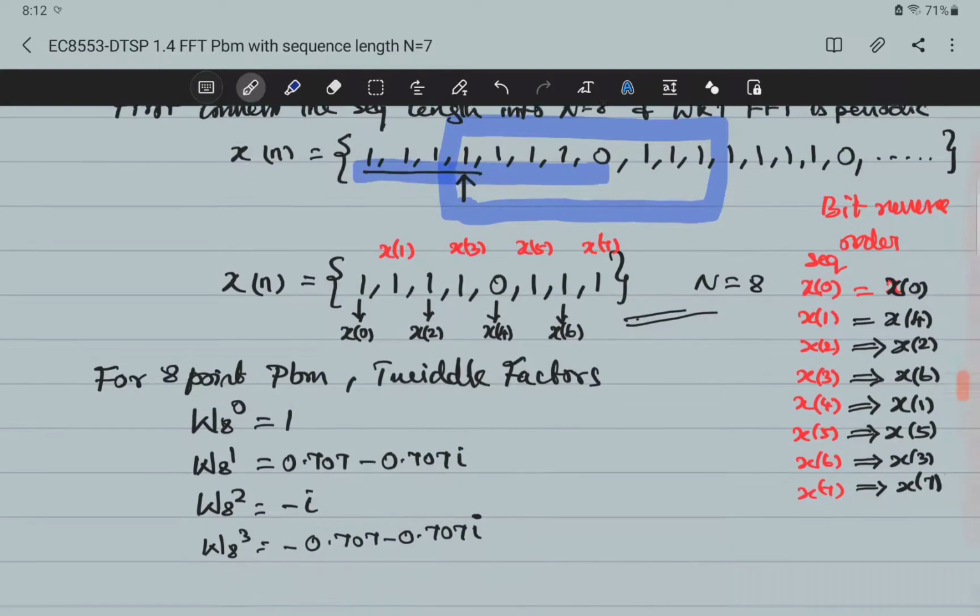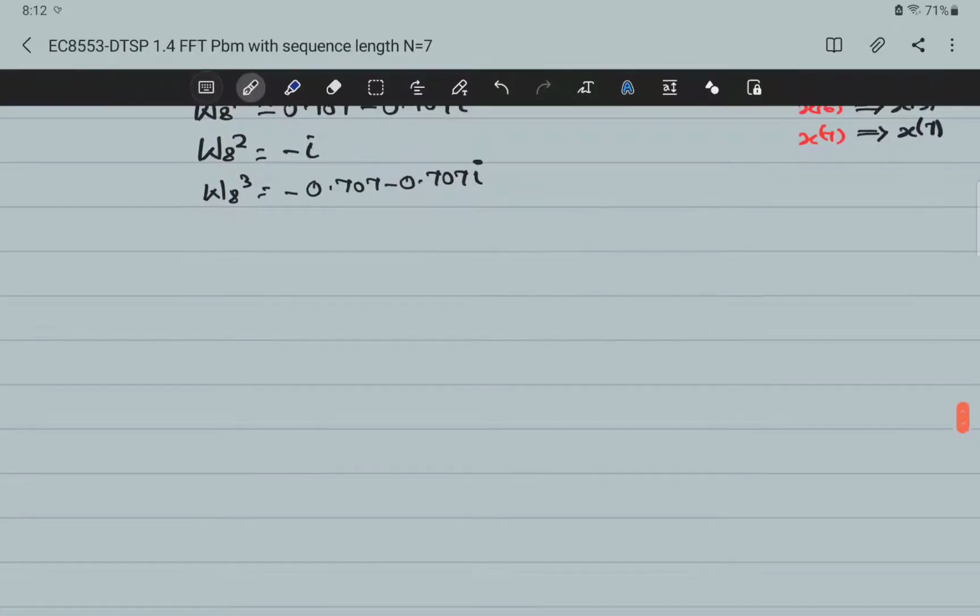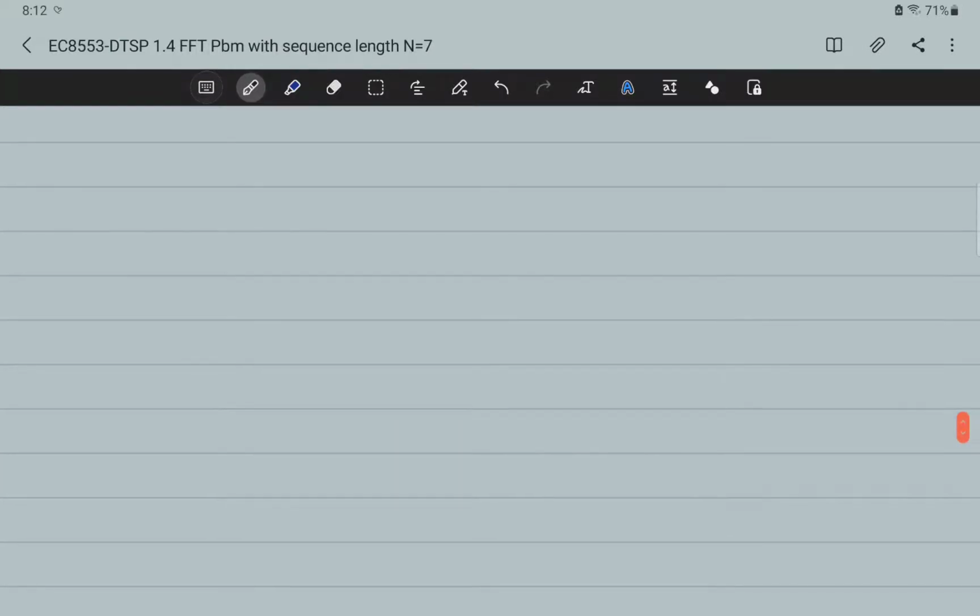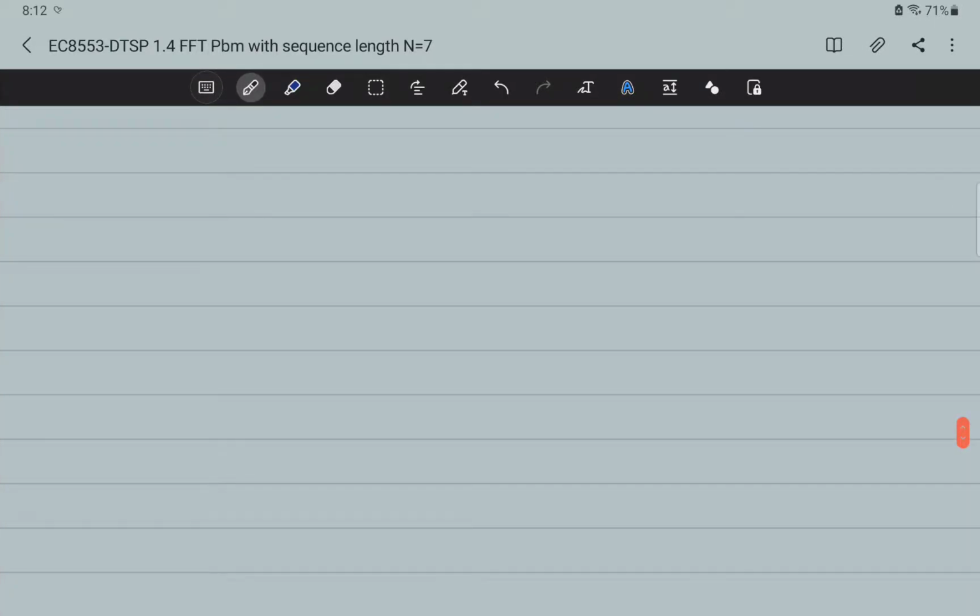So now we will go for the DIT FFT algorithm. I will write the input sequence in bit reverse order. So x0 is 1, x4 is 0, x2 is 1, x6 is 1.